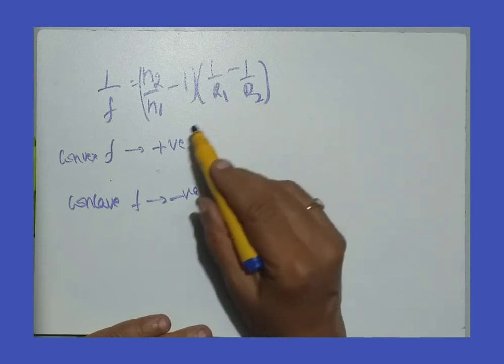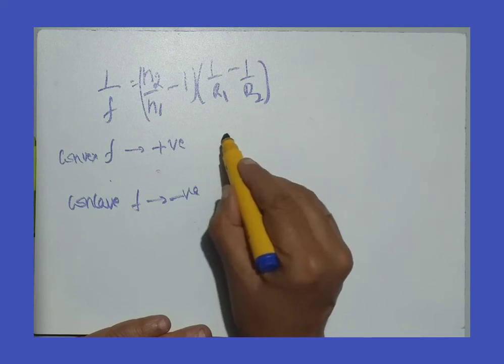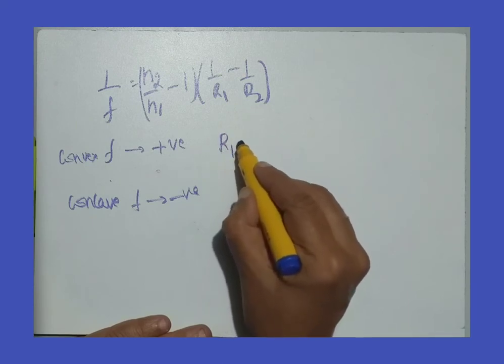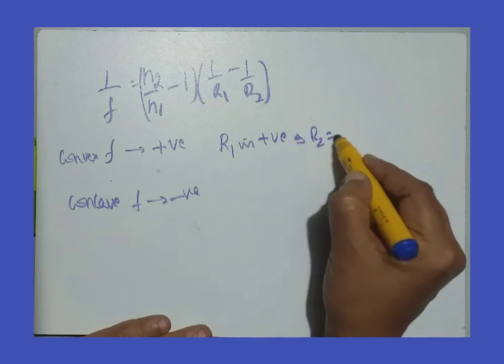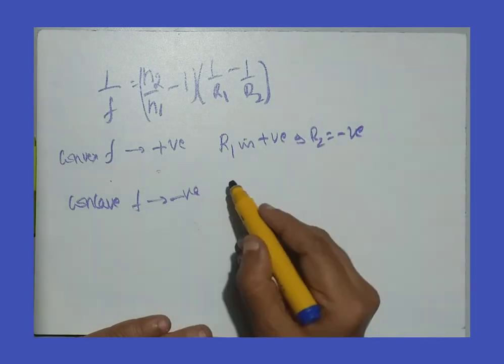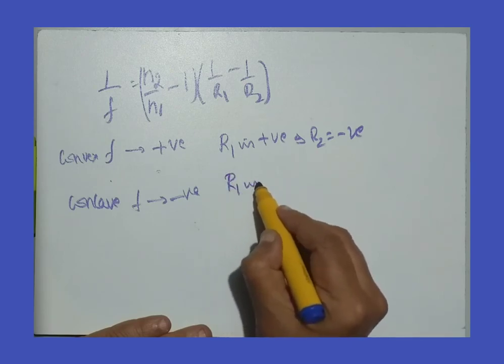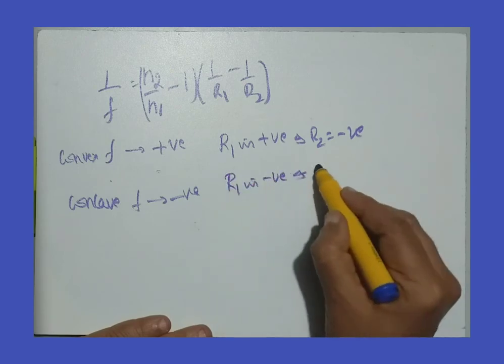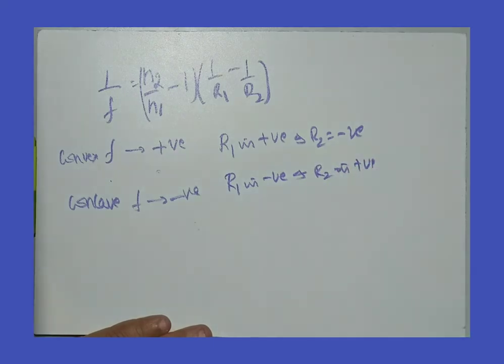And R2 is negative for a convex lens. So we write R1 is positive and R2 is always negative. For concave, R1 is negative and R2 is positive. Why? Let us think about it.